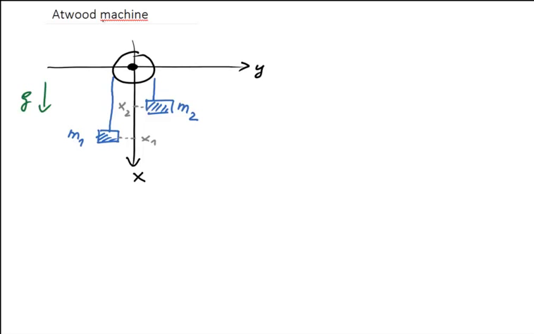Following our general procedure, the first question to ask is whether or not there are any constraints. Yes, there is, because the two masses are connected by a rope.